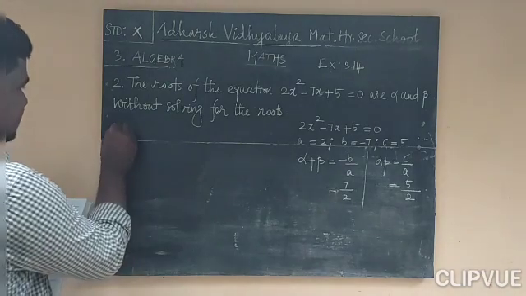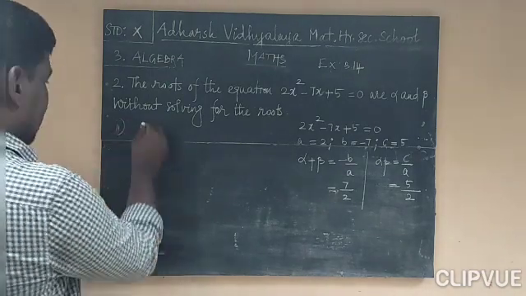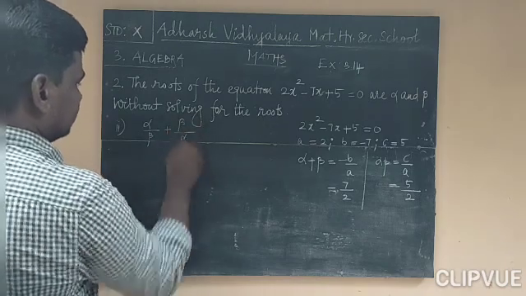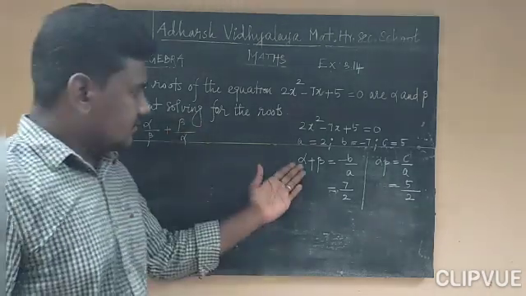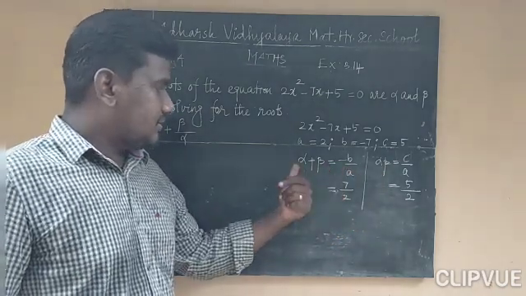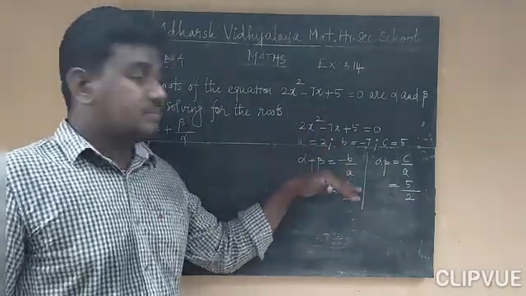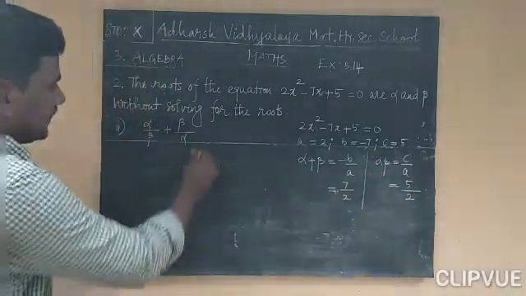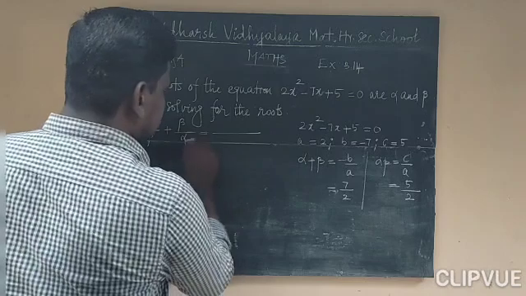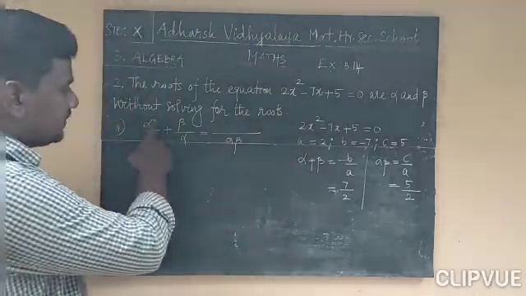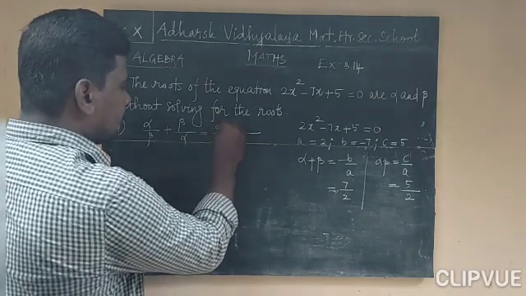Next, second subdivision, that is alpha by beta plus beta by alpha. So already we know the result, alpha plus beta and alpha into beta. So if you simplify or rewrite in the form of alpha plus beta and alpha into beta, we can replace them. So now here also the LCM is alpha beta. Here alpha is missing, so this should be multiplied by alpha, so alpha square.